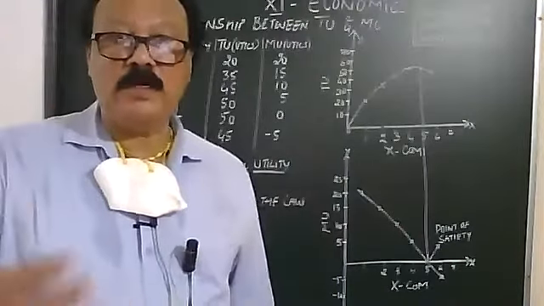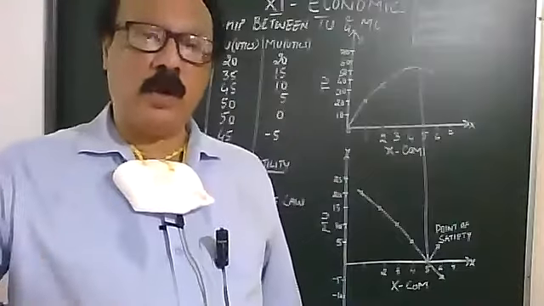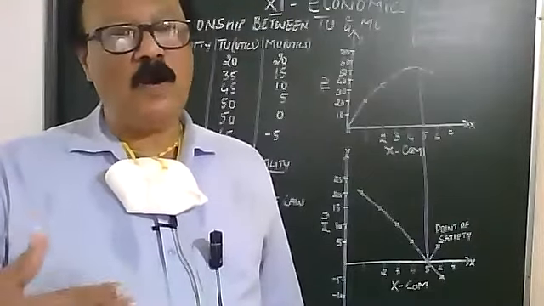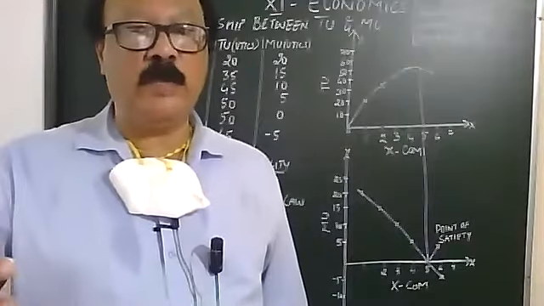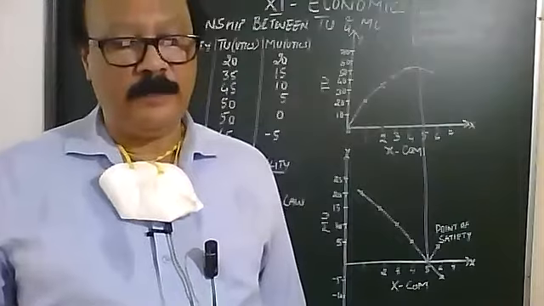Because if you give a time interval, then you would want to eat or consume more and more. But if you are doing it continuously, then the law says that as you keep on consuming, your marginal utility will keep on decreasing.